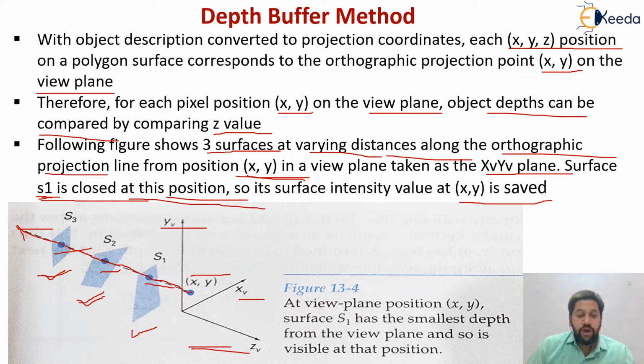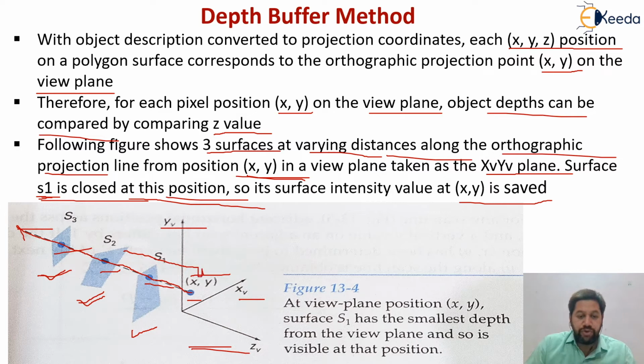S1 is closer, so the color of S1, or the x and y value of S1, is displayed over here. So this x and y in the viewing plane now belongs to S1, not to S2 and S3, because S2 and S3 are far away. Only S1 will be visible, which has the Z value that is maximum as compared to S2 and S3, only for this particular point. Suppose I just take another example.